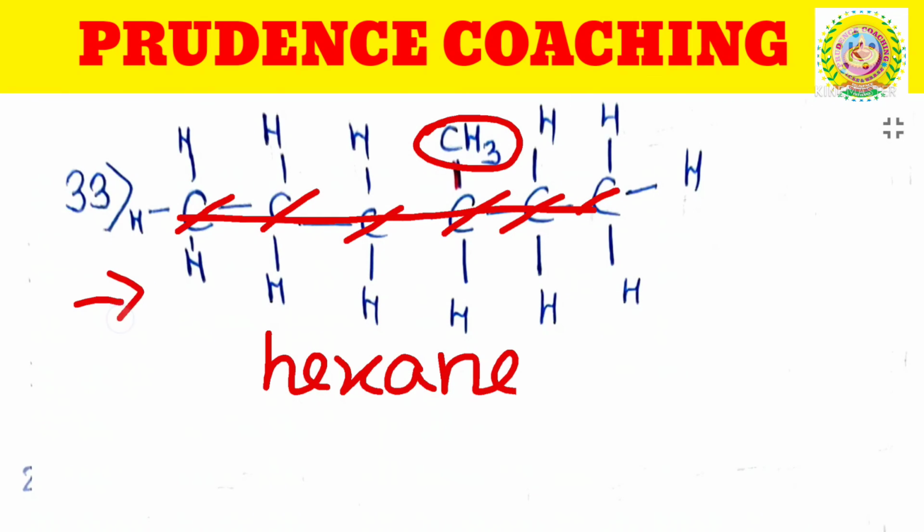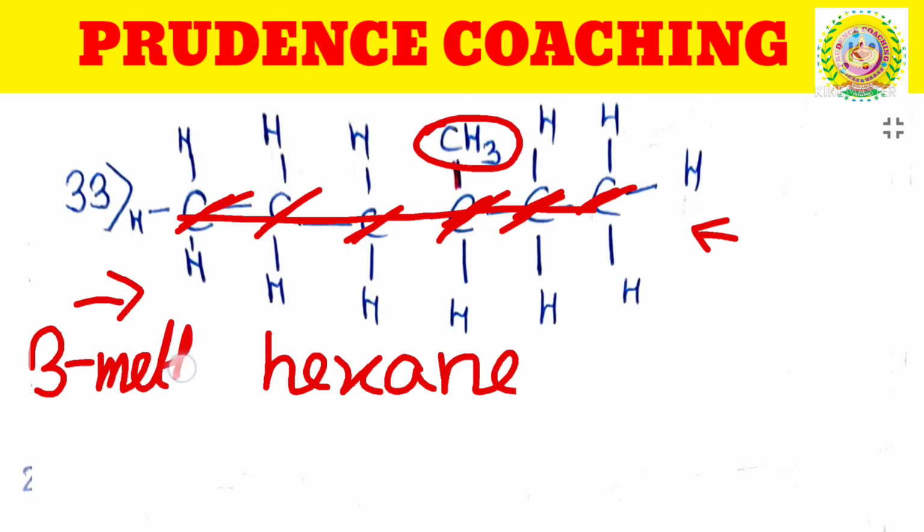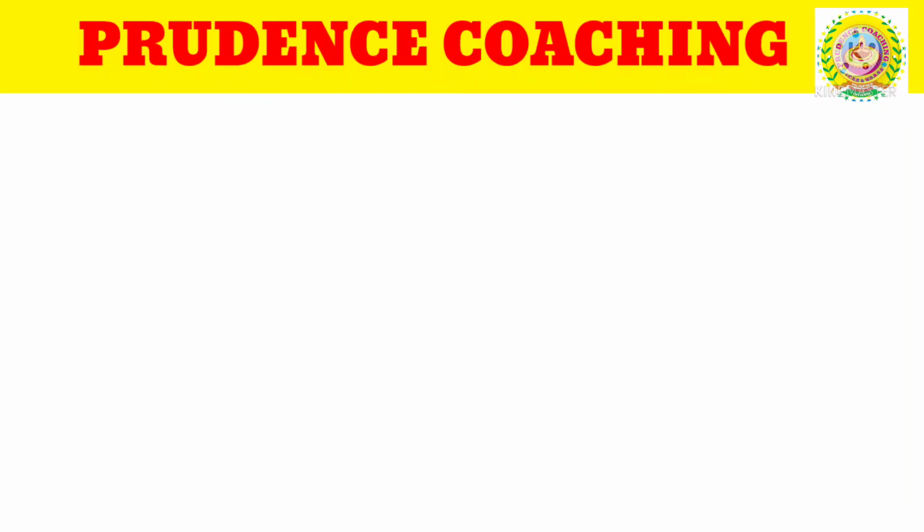If we consider from this side 1, 2, 3, fourth position, from this side you will get 1, 2, 3, that is third position. So you need to write here the position, that is 3 dash methyl. So you will get here 3-methylhexane.